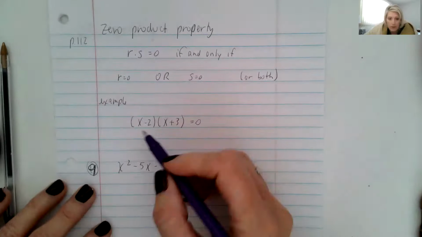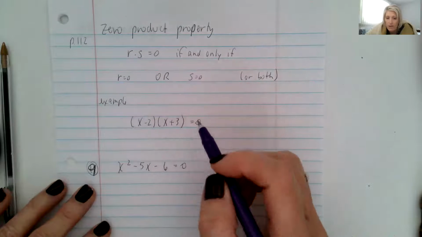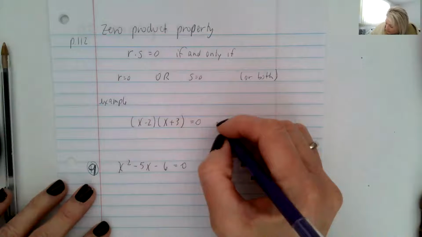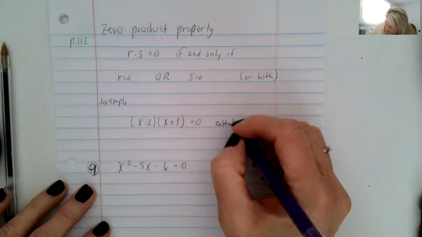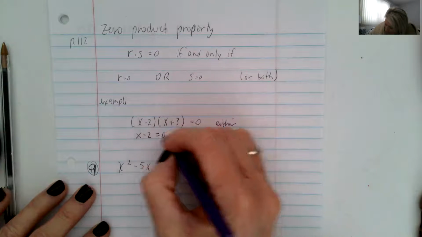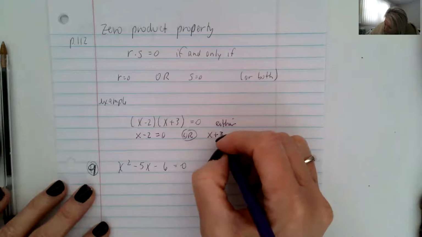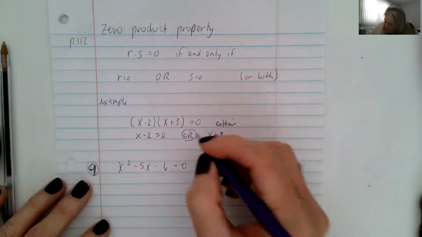So for example, right now we have x minus 2 times x plus 3 equals 0. So that means either x minus 2 equals 0, or x plus 3 equals 0, or both.